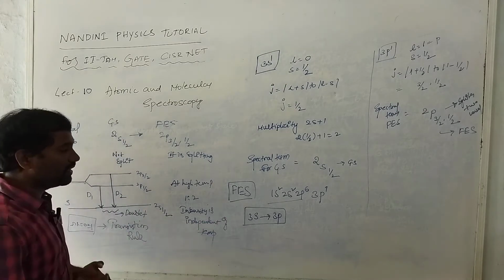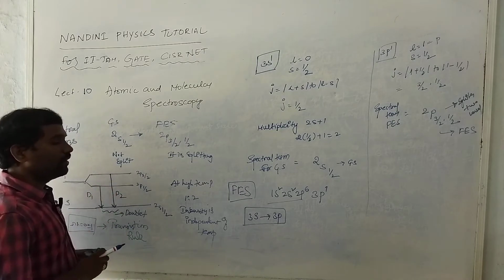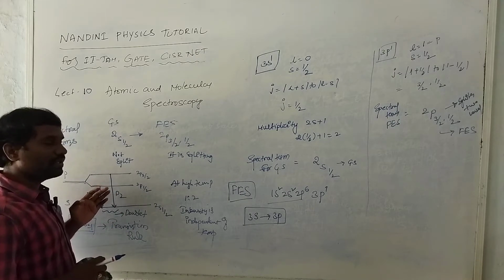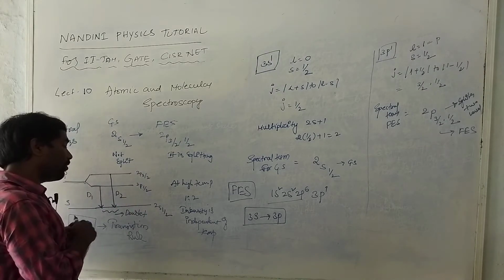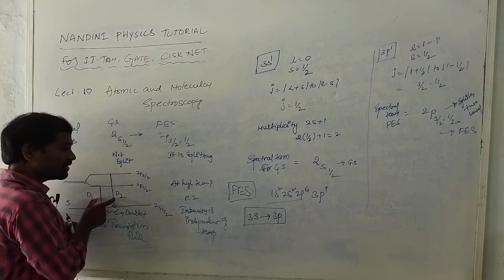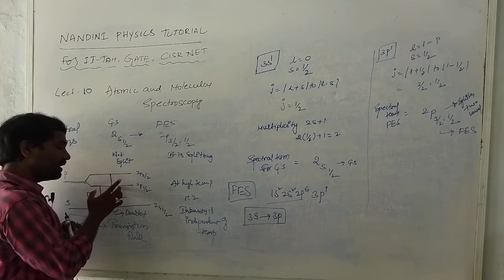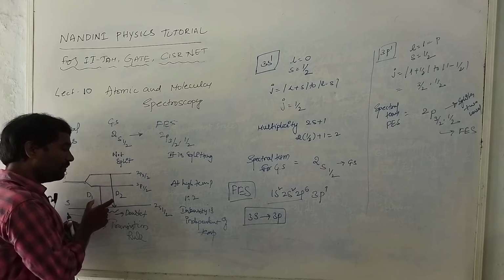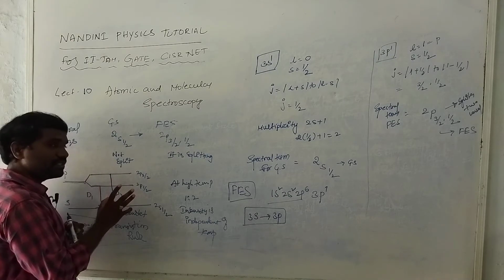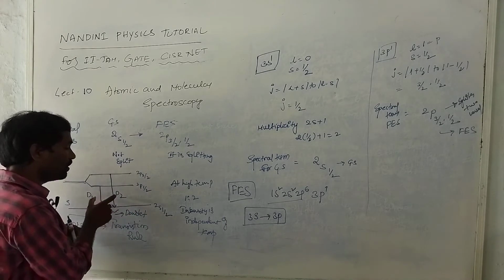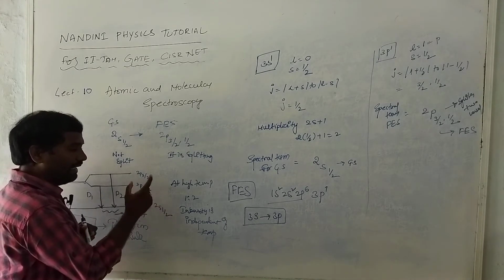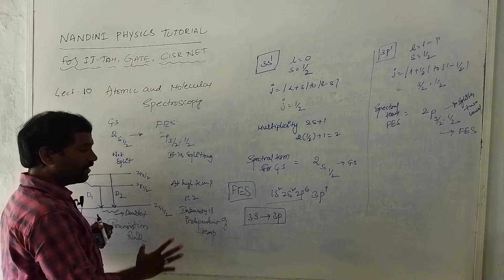If the temperature is increasing, this transition will be allowed. Intensity depends upon the allowed transitions. If the temperature increases or decreases, whatever it may be, the intensities never change, because the transitions are allowed at high temperature and at low temperature. That is the reason intensities are always independent of temperature.